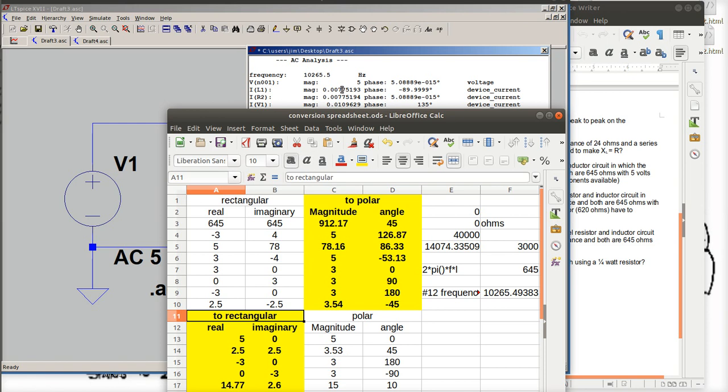So 7.75 at an angle of minus 90. So this is my real and imaginary components. And then I go down to my resistor, 7.75 at an angle of 0.